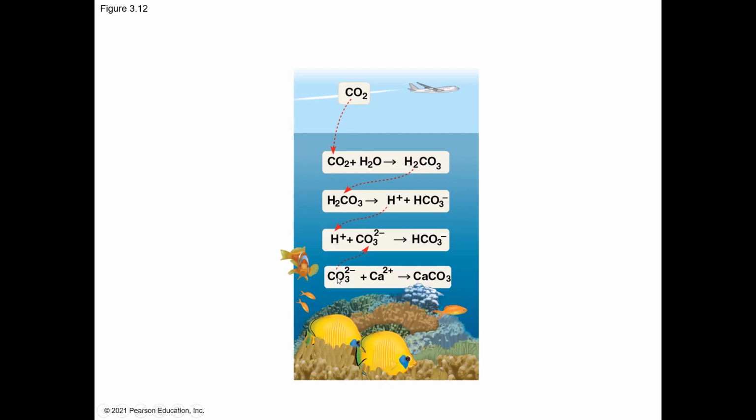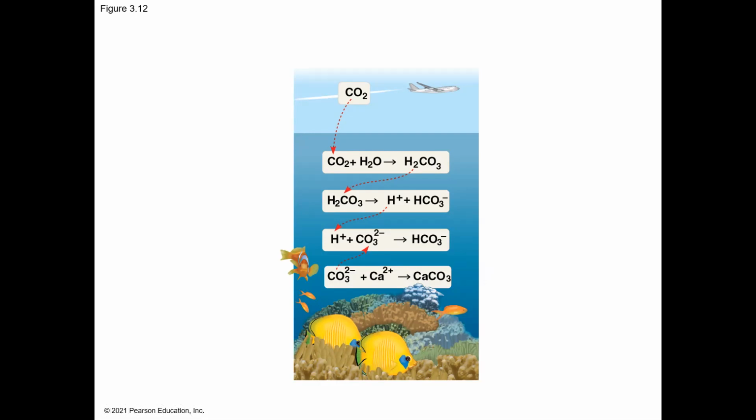CO3 carbonate is used, well, was used, or well, it's still used, but it was one of the main ingredients for calcium carbonate. And calcium carbonate is what is used to build shells and the corals that exist in the ocean.